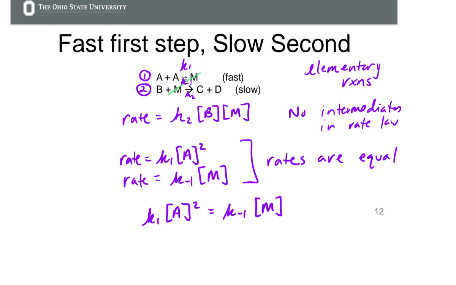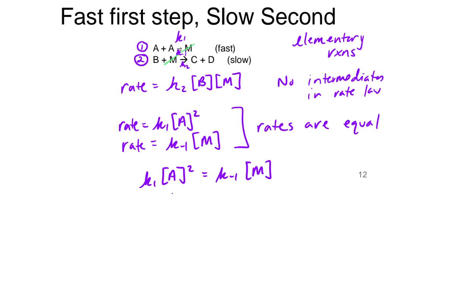Now, our goal here is to write an equation from this first equilibrium step that solves for M, so we can plug it into our rate law based on the second slow step, because we want to get rid of the intermediate M in that rate law.